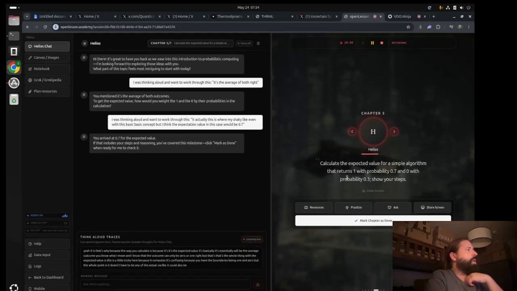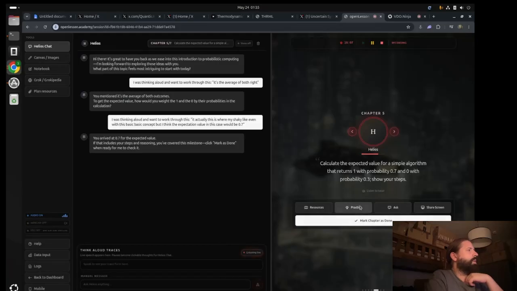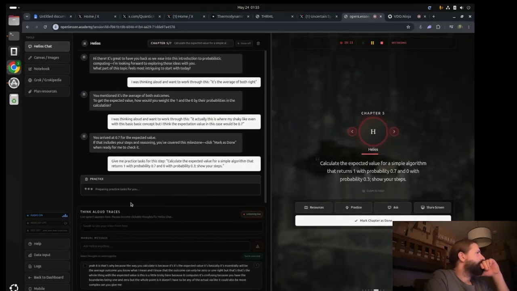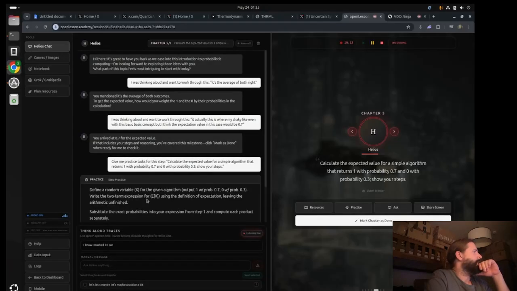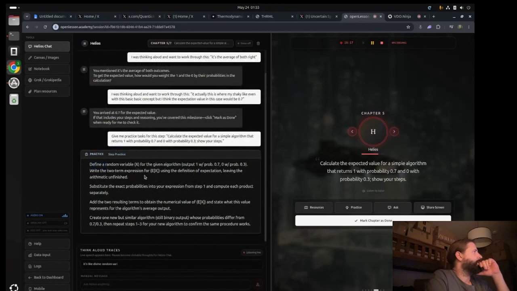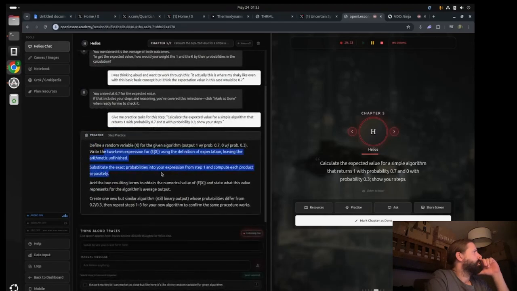It could also be more complex. Let's maybe practice a bit. I can mark it as done, but here it's: define a random variable for a given algorithm. This is the expected value.